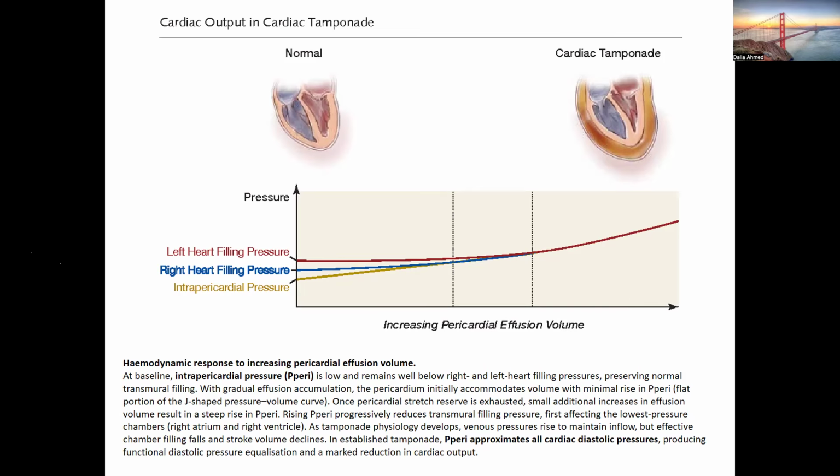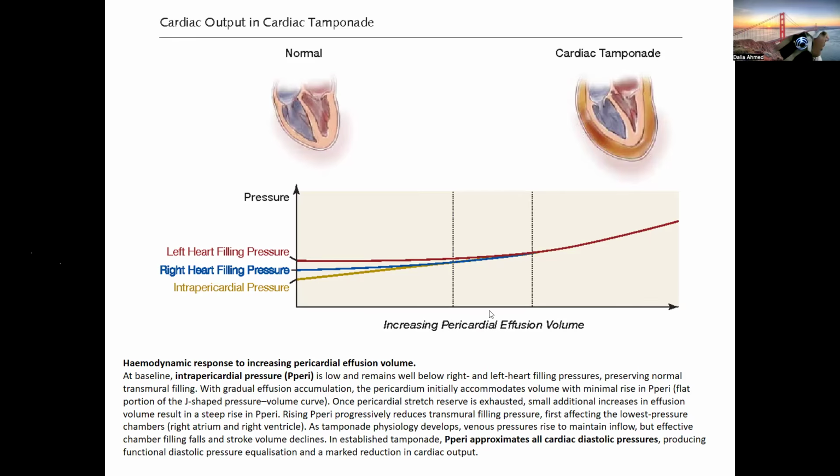And despite this, the stroke volume drops a lot, and all of the ventricular filling and chamber accommodation depends on the septal shift and exaggerated ventricular interdependence. So once tamponade physiology develops, venous pressure rises to maintain inflow, but effective chamber filling falls and stroke volume declines.